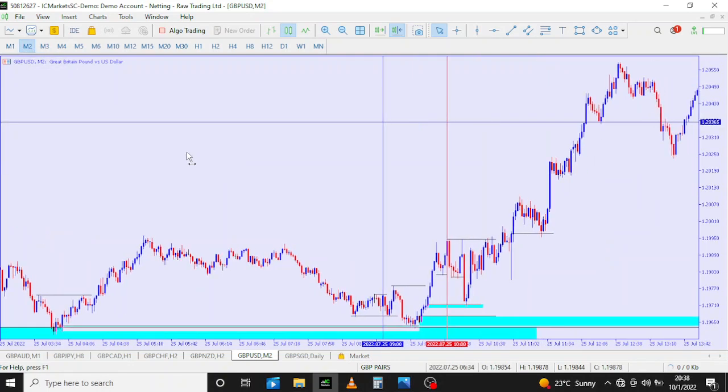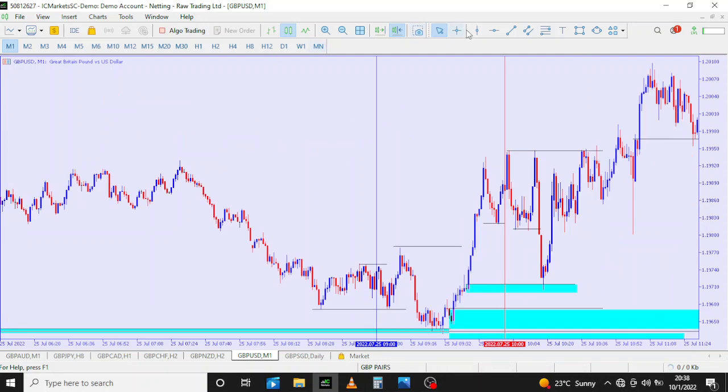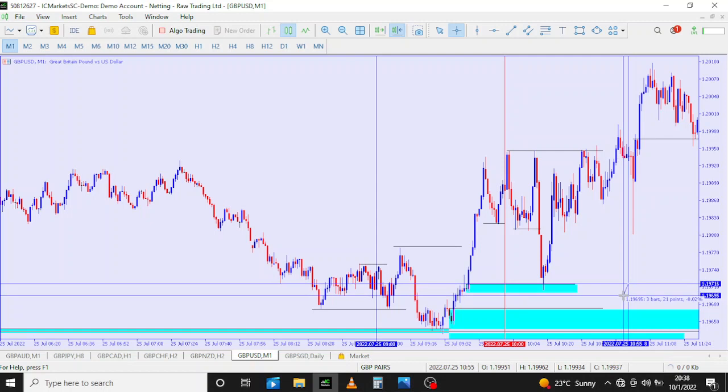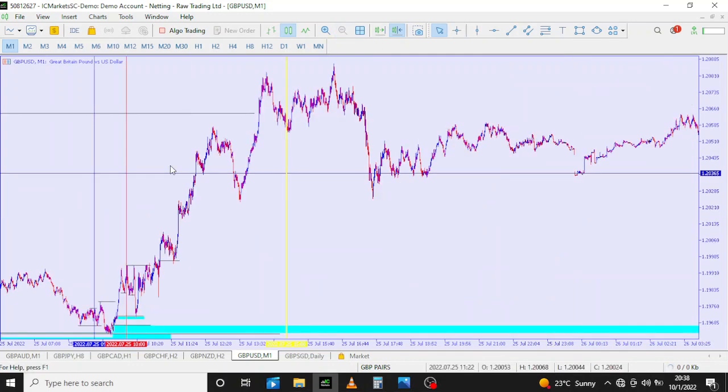Sorry guys, this is a 2 pip stop loss. This would have been a really nice trade.